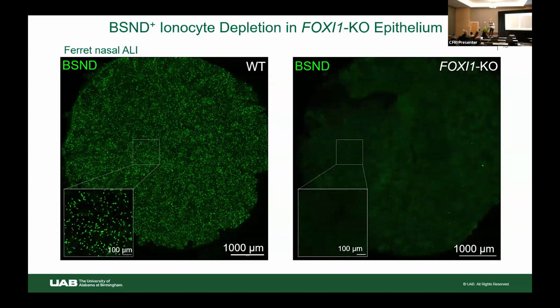And when you move to the FOXI1 knockout, as I mentioned, FOXI1 is a key transcription factor which is required for ionocyte specification. So in the FOXI1 knockout, we can see the ionocytes are completely lost in those culture systems, which is very consistent with FOXI1 being required for ionocyte differentiation.